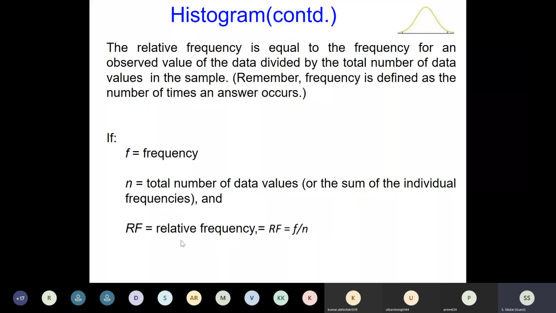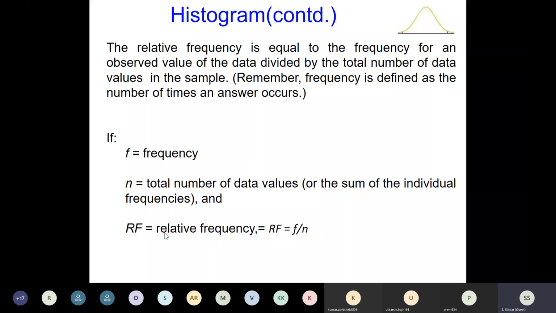And relative frequency is that frequency divided by the total number of data. So it's better always to work out some problem, and from there you will get a better idea, or it will be clear concept.